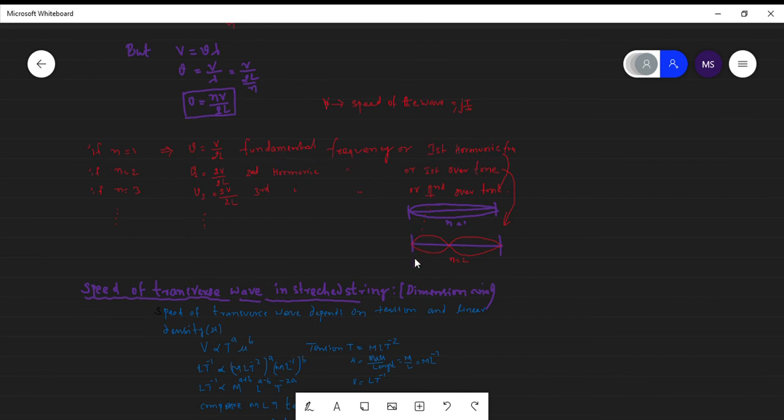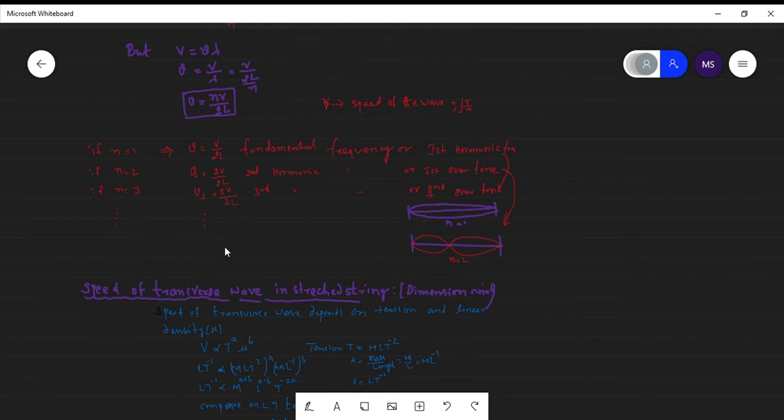If two loops are formed between the fixed ends, n is equal to 2, so ν2 is equal to 2v by 2L. This is the second harmonic or first overtone frequency. If three loops are formed, ν3 is equal to 3 into v by 2L. This is the third harmonic and second overtone frequency.